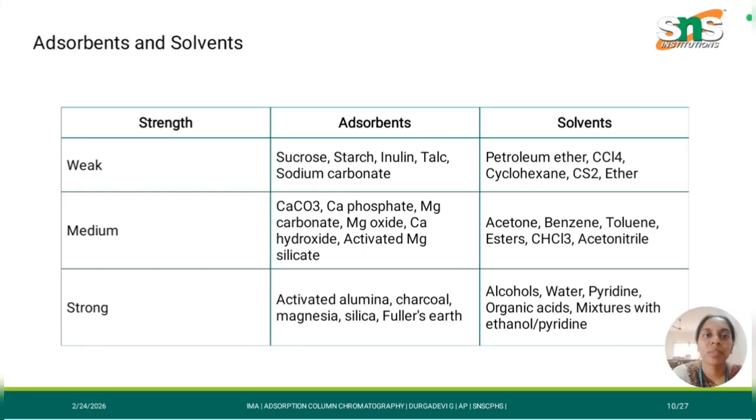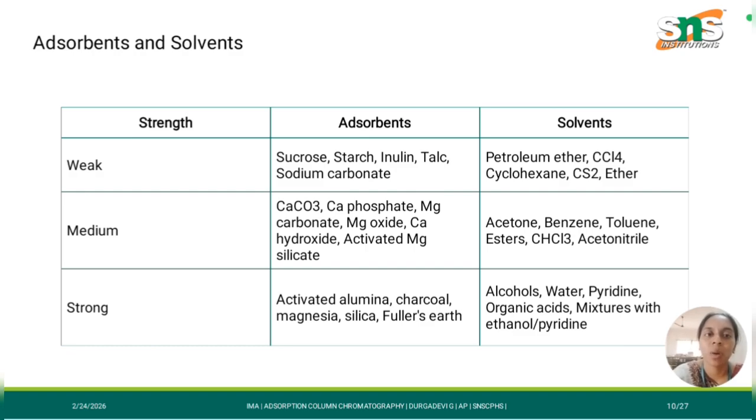The adsorbents and solvents used in adsorption column chromatography are listed in this table. The adsorbents can be classified based on their strength into weak, medium and strong adsorbents. Examples of weak adsorbents are sucrose, starch, inulin, talc and calcium gluconate, and for them we use mobile phases such as petroleum ether, carbon tetrachloride, cyclohexane, carbon disulfide and ether.